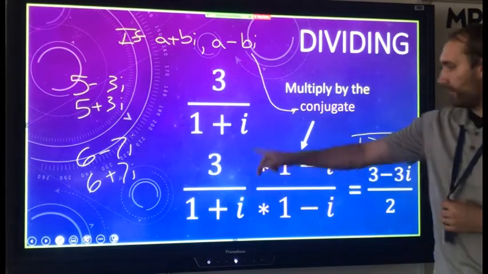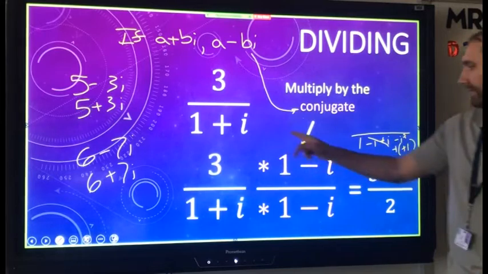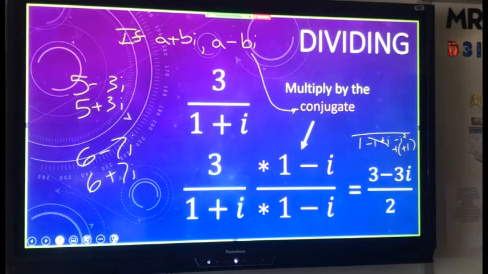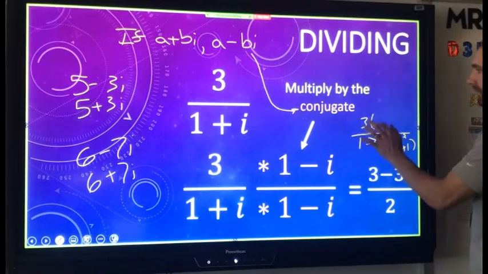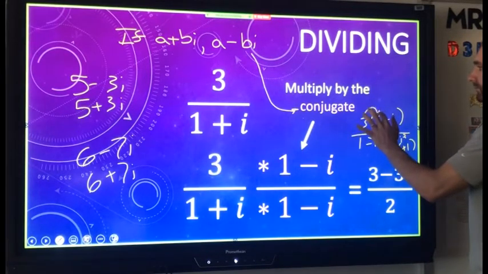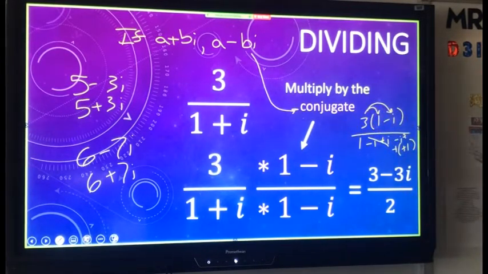And on the top I have 3 times 1 is 3. 3 times negative i is negative 3i. So multiplying a complex number by its conjugate gets rid of that i, which is our goal when we divide complex numbers.